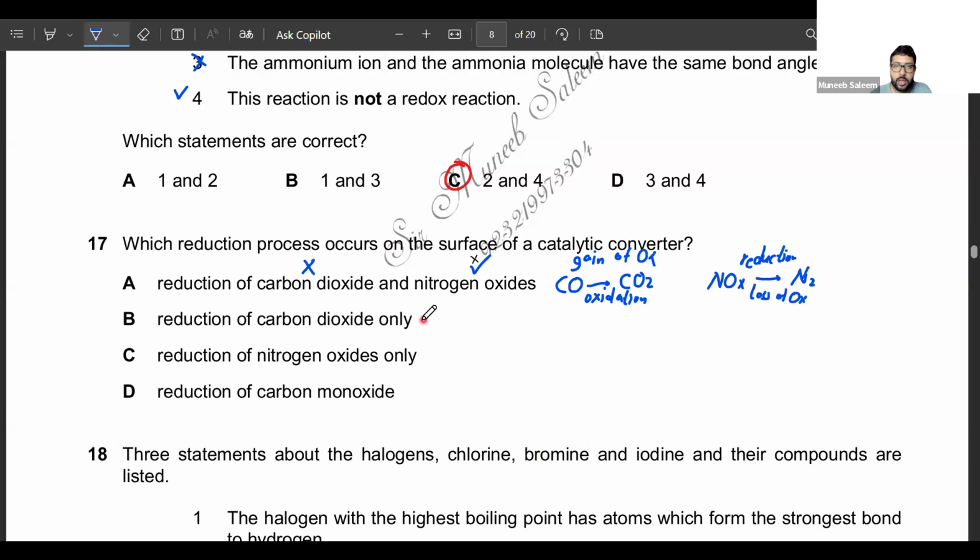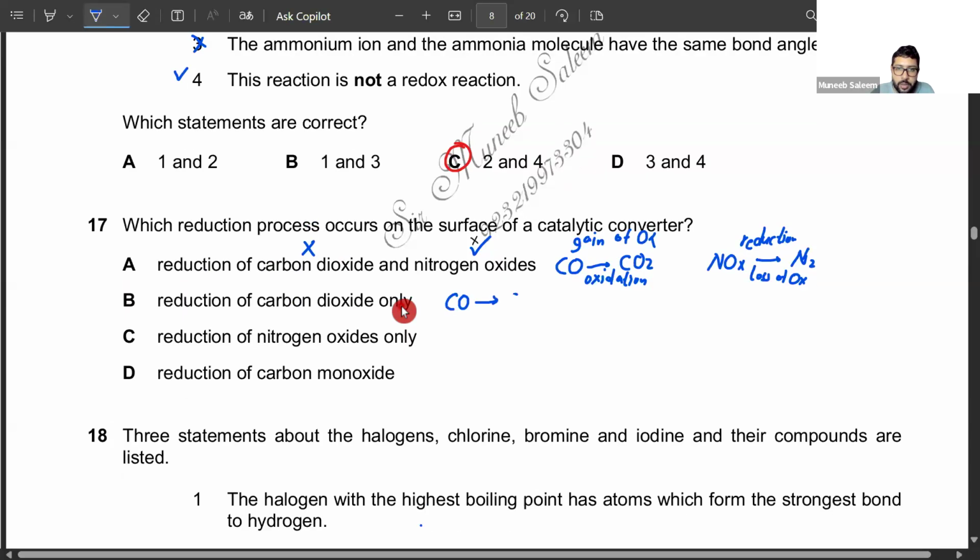We convert carbon monoxide into carbon dioxide. And then the B option says reduction of carbon dioxide only. That's also not possible, because we convert carbon monoxide into carbon dioxide, and that is the oxidation process. So this is not correct. Then C says reduction of nitrogen oxides only.